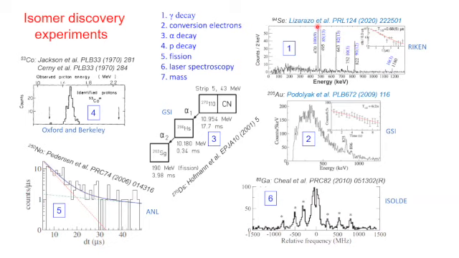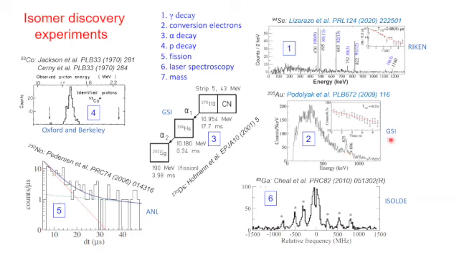And measuring isomeric gamma decay is still the most prolific way of finding new isomers. But there are many other types of decay of isomers, and I just thought it was of some interest to show these different types. So here's conversion electron emission of gold 205.